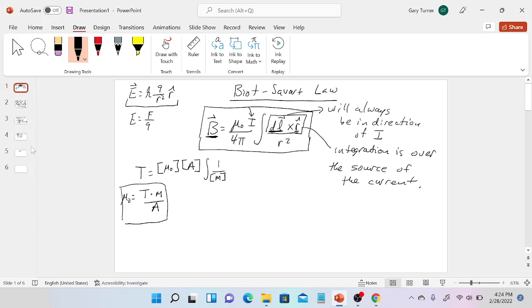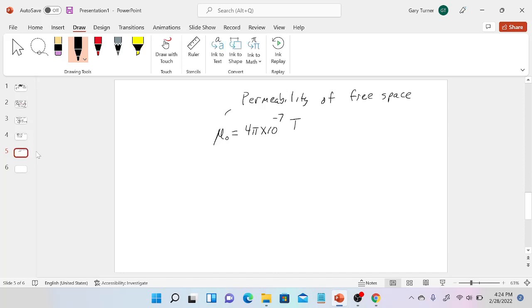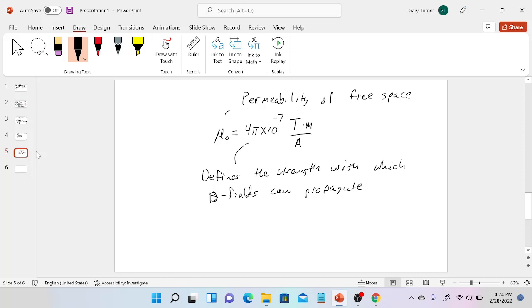And as a result, this basically defines the strength with which B fields can propagate through space. And that's all there is to it.